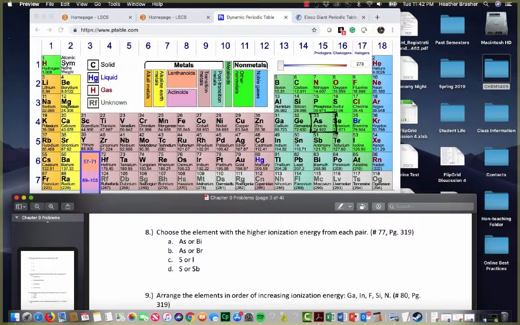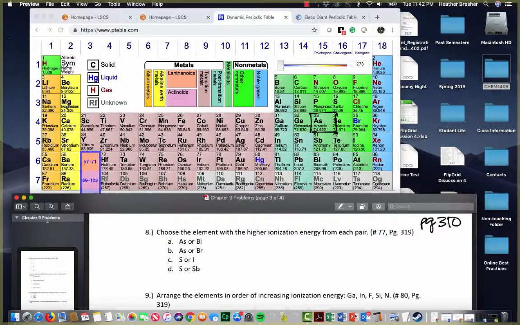Let me reference you to this table. So this is where you can go, and they have ionization energies on page 310.